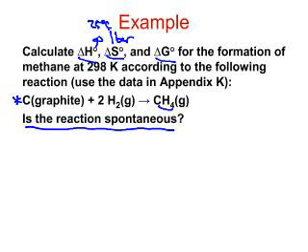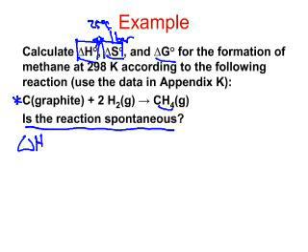Now, to figure out delta H, delta S, and delta G, we don't have any information. So we're going to look in Appendix K. We're going to find delta H using heats of formation, and we're going to find delta S using standard molar entropies. So let's do that.